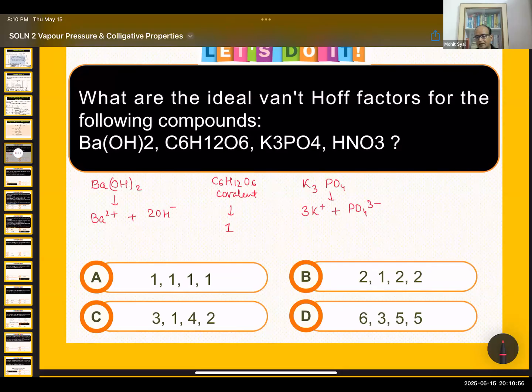That's good. And nitric acid, we know it dissociates as H plus and NO3 minus. So this gets dissociated into 2 particles, so I is 2. This gets dissociated into 4 ions, so I is 4. This doesn't dissociate, so if you take one molecule, it is going to remain as 1 only. And this is going to be 3. Is it clear?